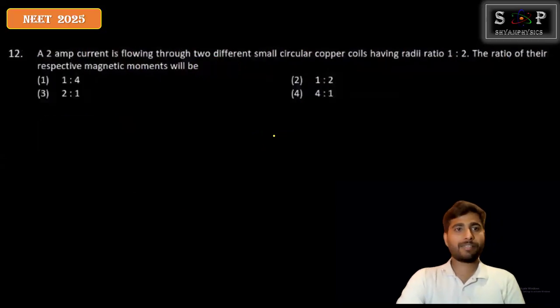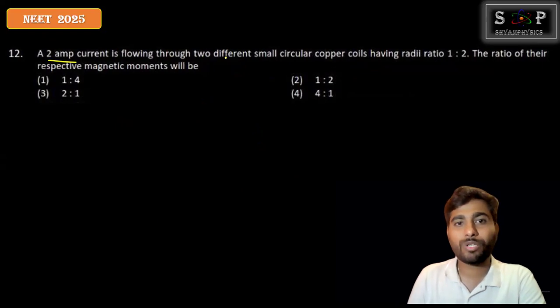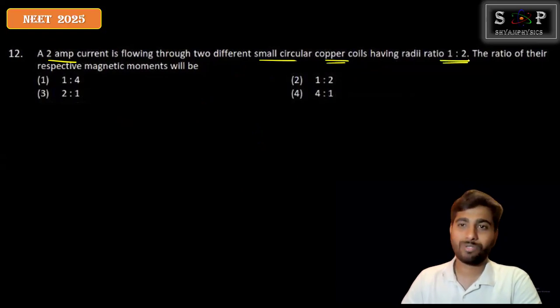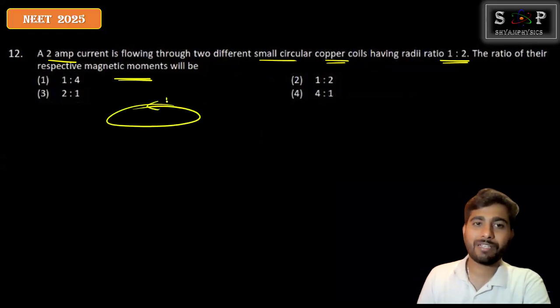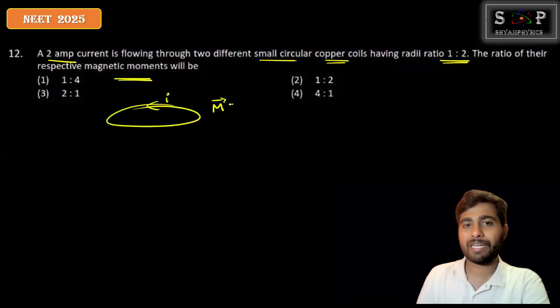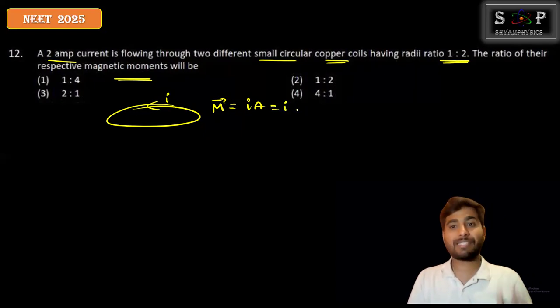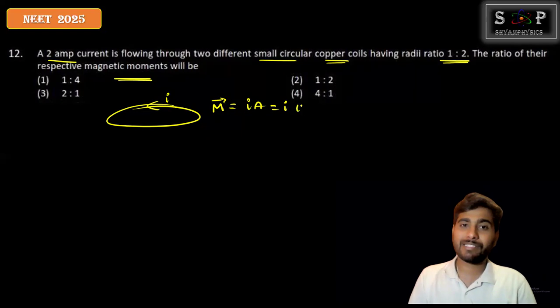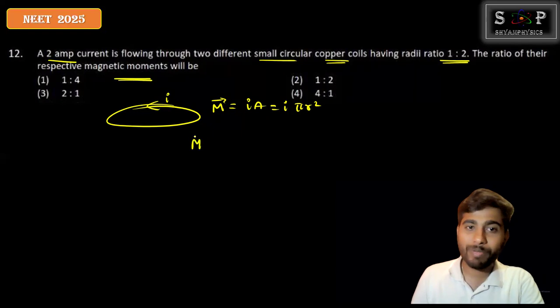Then next, a 2 ampere current is flowing through two different small circular copper coils having radii ratio 1 is to 2. What is the ratio of their respective magnetic moments? For a current carrying loop, the magnetic moment can be calculated by I into A. So the magnetic moment is directly proportional to current, but the current is 2 ampere in both cases. The area is pi r squared, so the magnetic moment is directly proportional to the square of the radius.